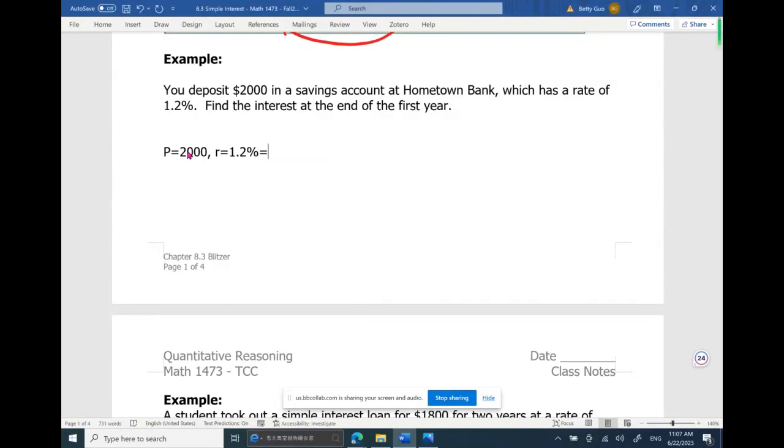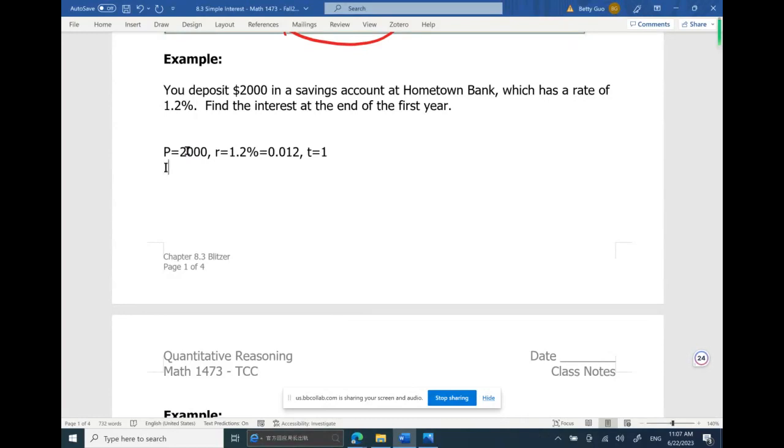We have 0.012. And we are looking for the interest at the end of the first year. That means the time you keep your money in the savings account is 1 year. So time in year is 1.